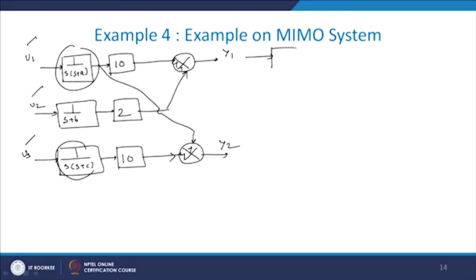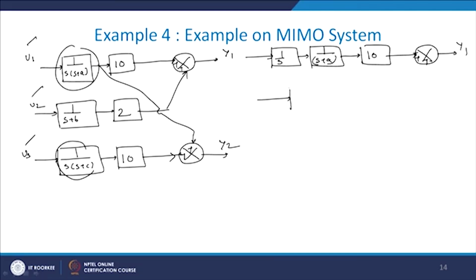Here I am showing 1 upon s, 1 upon s plus a, then 10, and there is this summing block, and this is y1. Here the thing is the same, no change, that is 1 upon s plus b, these 2, and here it is connected like this.